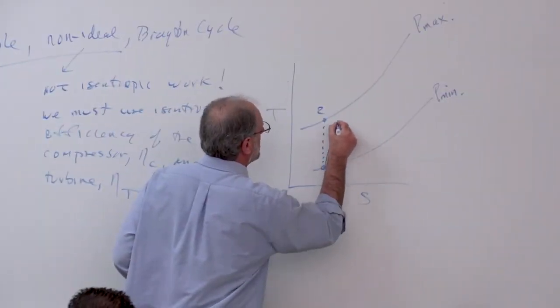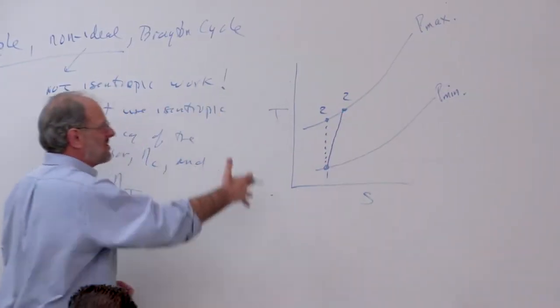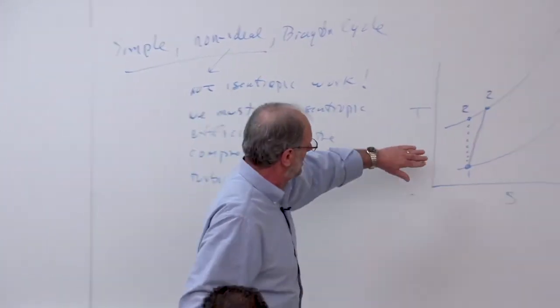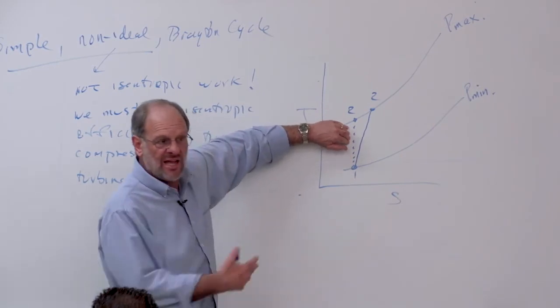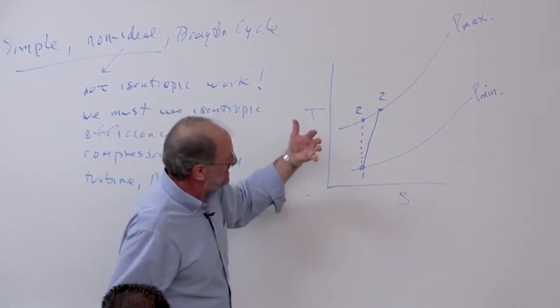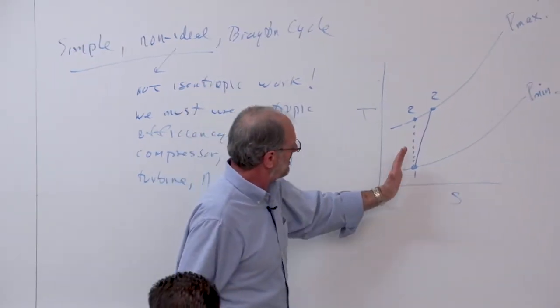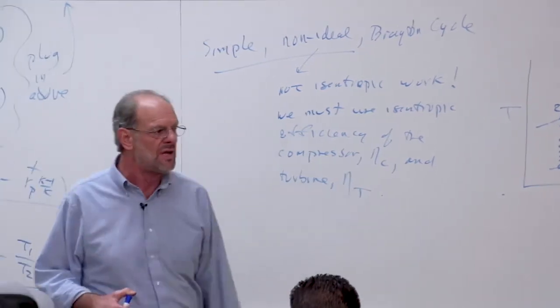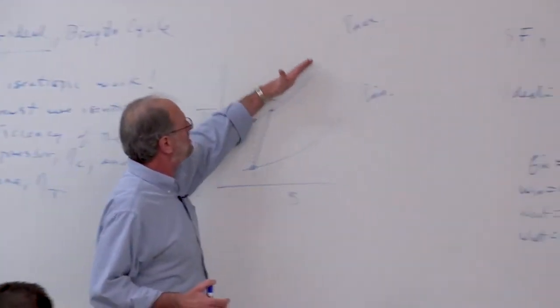So the actual process goes from 1 to 2 along the solid line. There's definitely an increase in entropy. If it were ideal, it would be like the dashed line, just a vertical line. After all, ideal would represent isentropic. But this is not ideal anymore, so the entropy will increase, and we'll end up with a state point 2 above and to the right of state point 1.